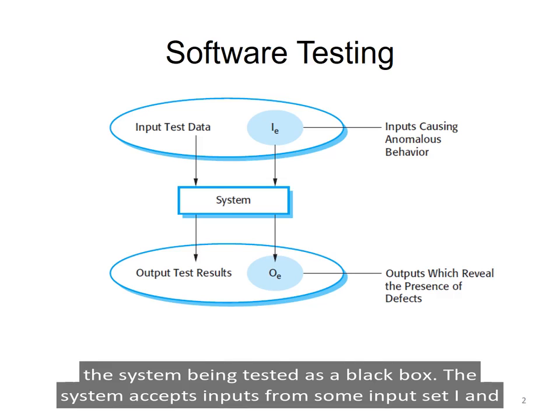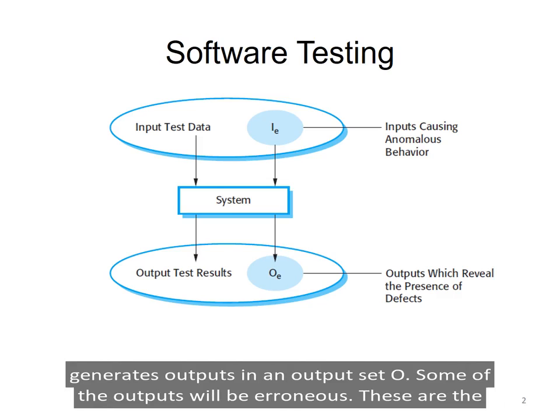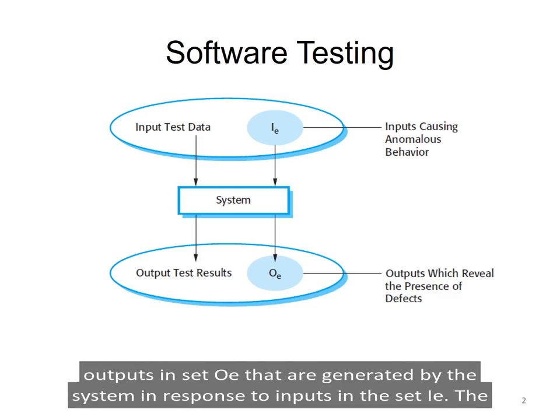Think of the system being tested as a black box. The system accepts inputs from some input set I and generates output in an output set O. Some of the outputs will be erroneous. These are the outputs in set OE that are generated by the system in response to inputs in the set IE.